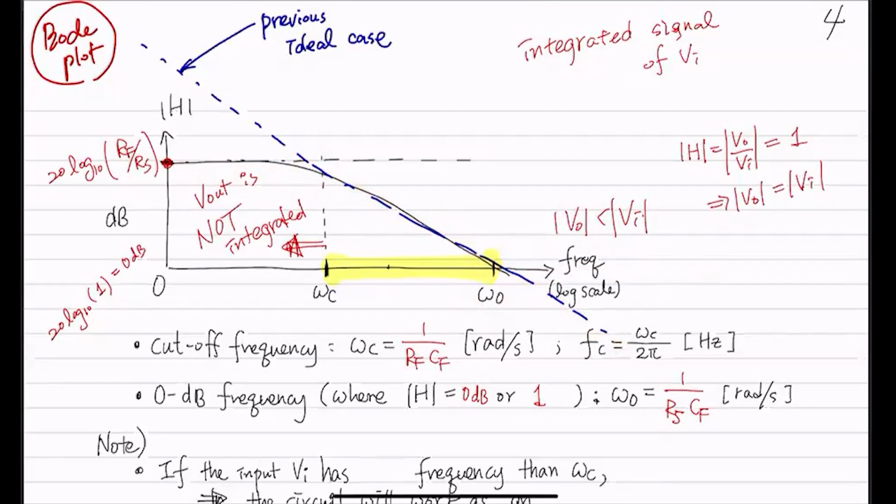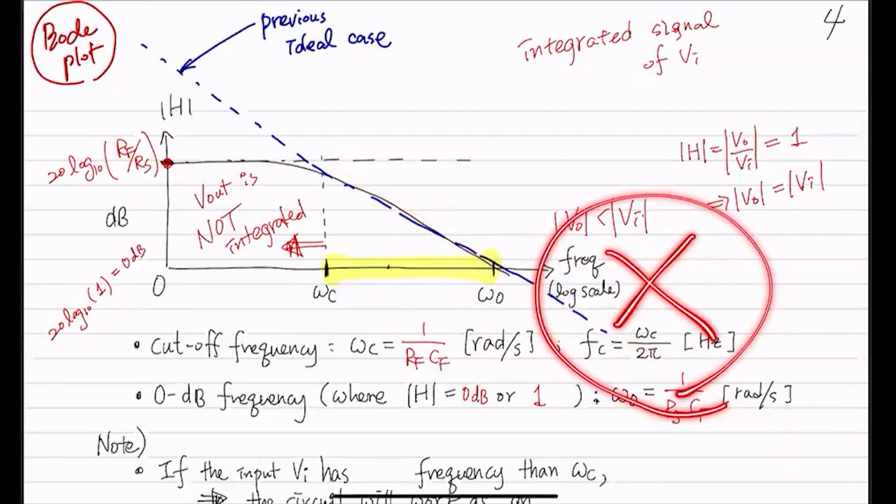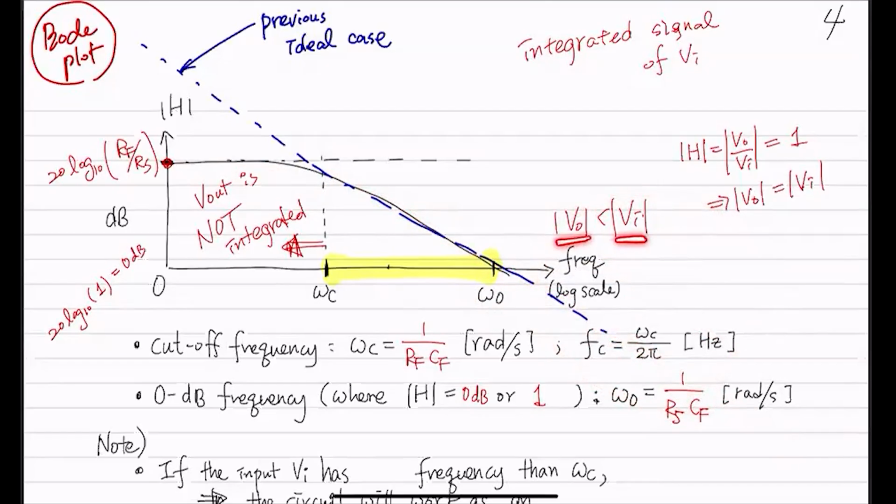So your practical response is the same as your ideal response, which means it's being integrated. So here, everything is being integrated, but this part we don't want to use because your output is getting smaller and smaller. It's integrated, but it's a tiny signal coming out. Why would you want to use that tiny signal, right? You want to have some kind of decent area like here.